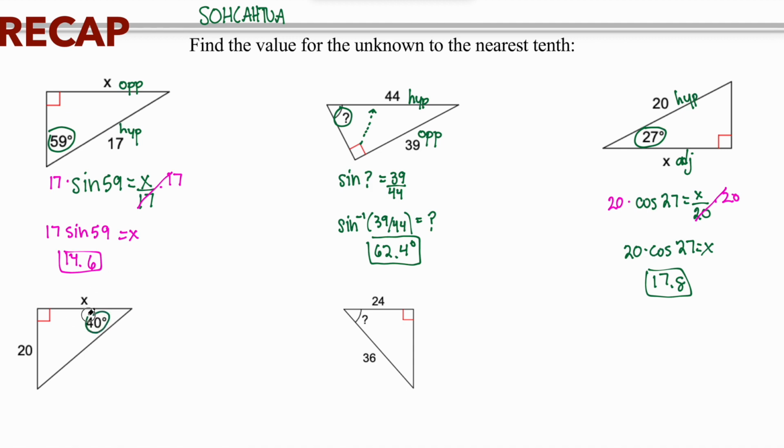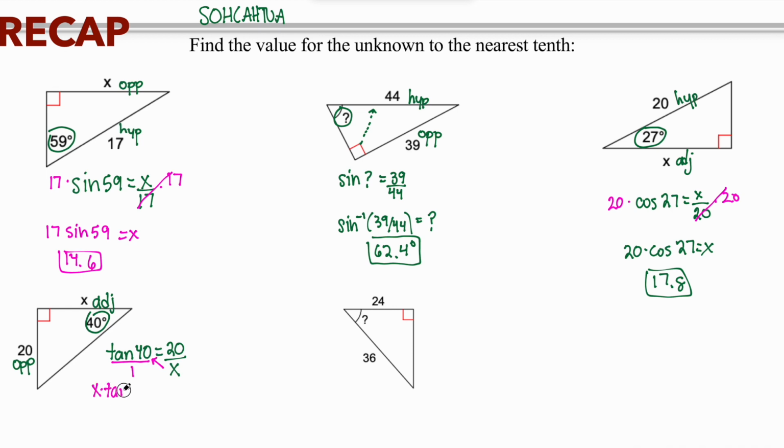On this angle, this is my adjacent, and this is my opposite. So A and O, we are going to use tangent. So tangent is going to be equal to my opposite divided by my adjacent. And anytime you have x in the denominator, if you make it a fraction, you can cross multiply.